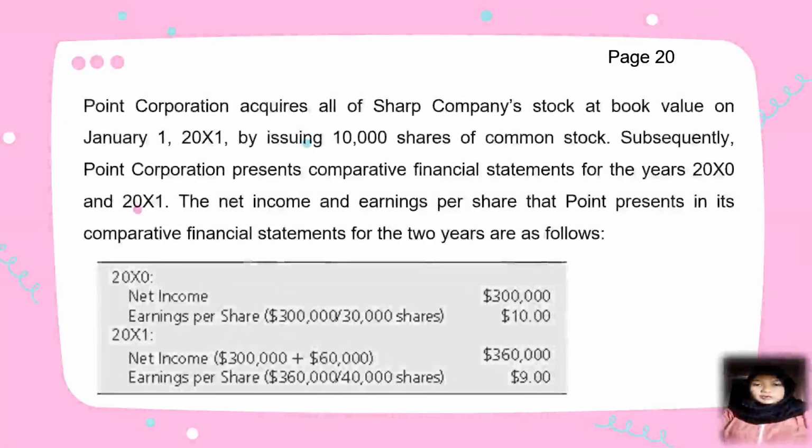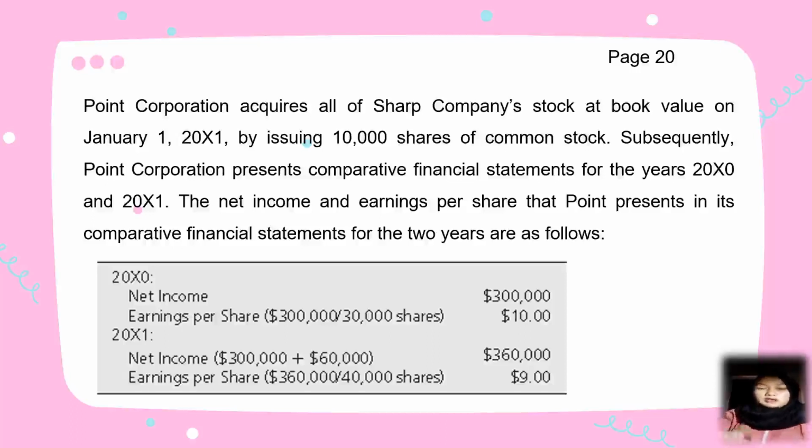Point Corporation had acquired Sharp Company in the middle of 2011. Instead of at the beginning, Point would include only Sharp's earnings subsequent to acquisition in its 2011 income statement. If Sharp earned 25,000 in 2011 before acquisition by Point and 35,000 after the combination, Point would report total net income for 2011 of $335,000.